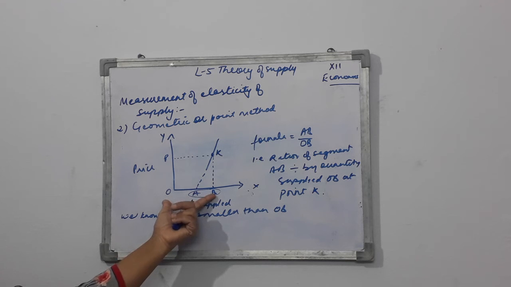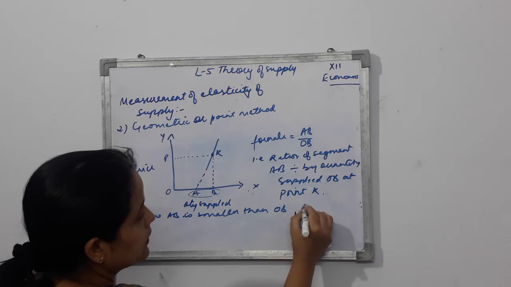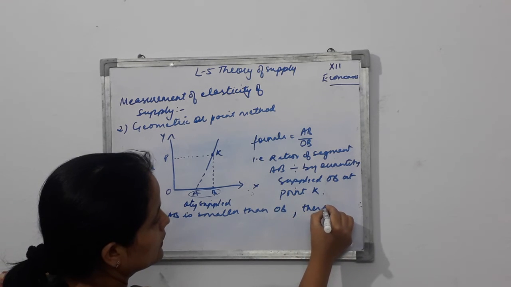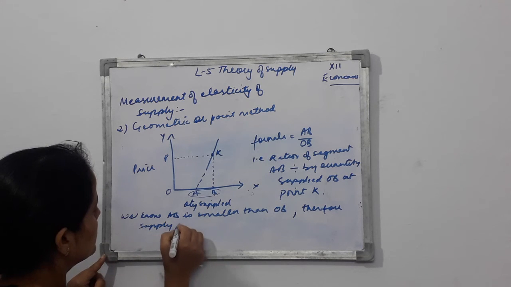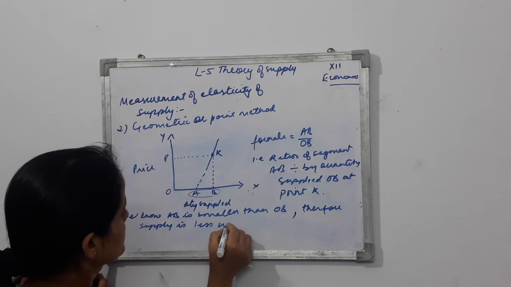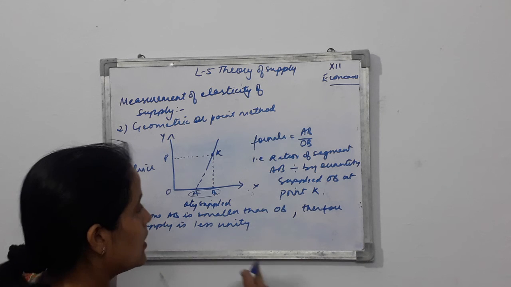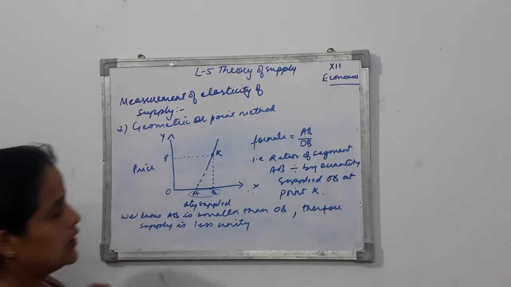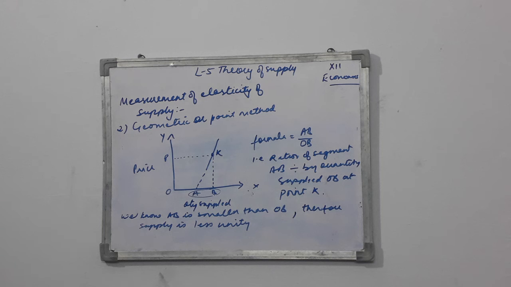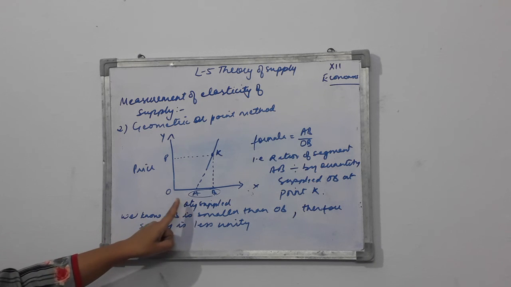You can see this. Therefore, supply is less than unity. It's less than 1. Why? Because your AB part here, the upper part, is lower than the lower part. Okay, got it?